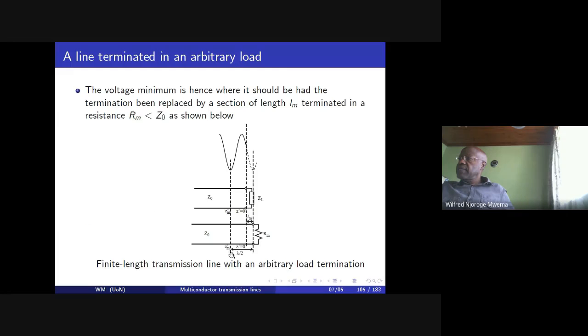If we take this value here and we measure, then this position here will give us a value of lambda by 2, because for the voltage minimum to occur at this point, it must have traveled to the termination and back again. So when it does that, then it has only half a wavelength, so to speak.